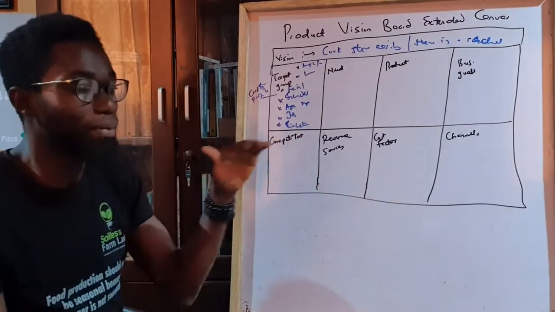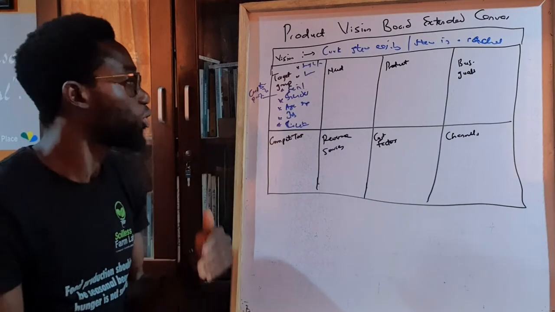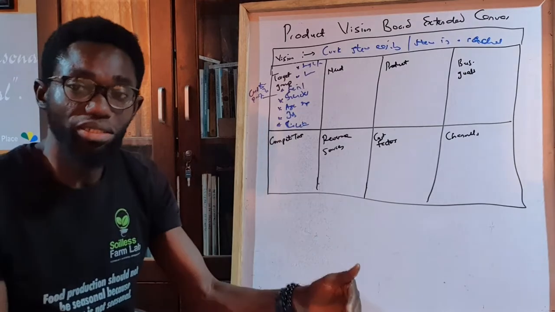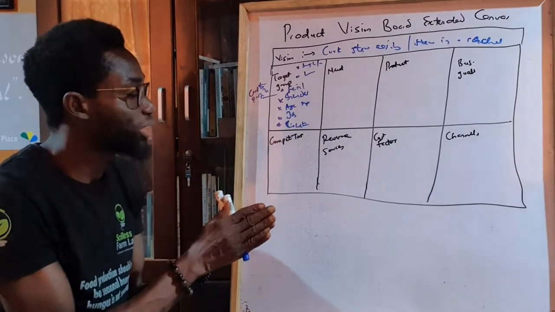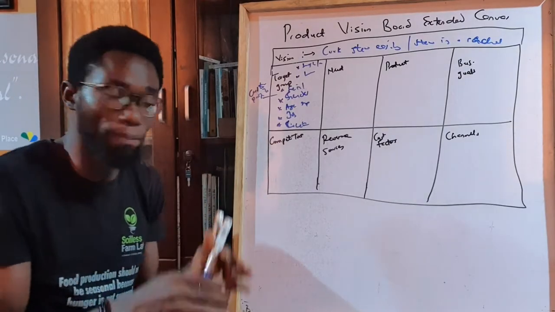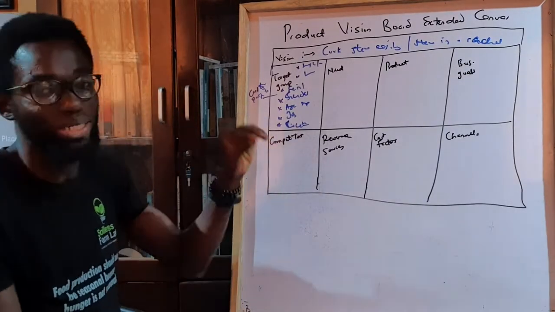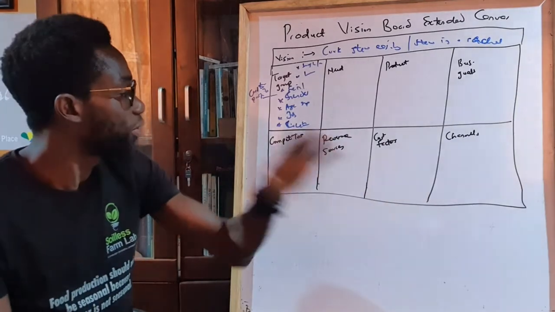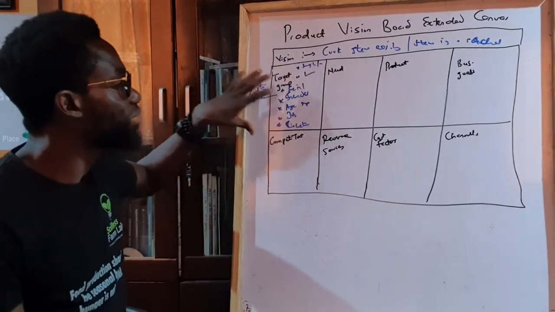Are they the kind of people I'm actually hoping will buy my product? Or is there a kind of job? Is it that I'm looking at students, or I'm looking at people that do not have time for any other thing during the day, so they work 9 to 5 and they come back tired, so they just need stew in a box that they can just put in their microwave and their stew is ready? Who is my target group?